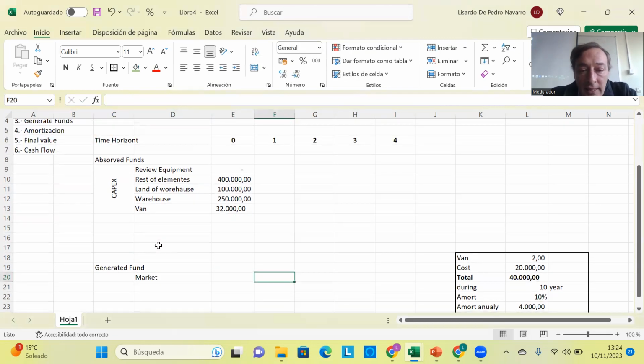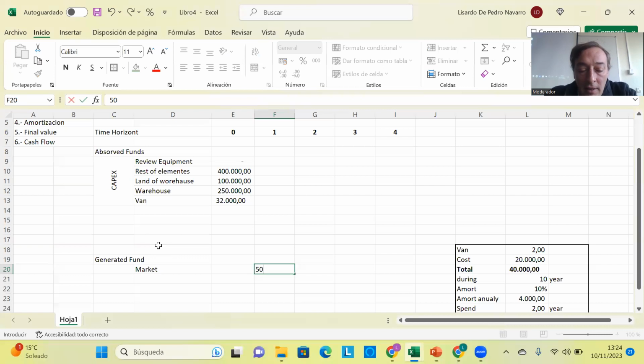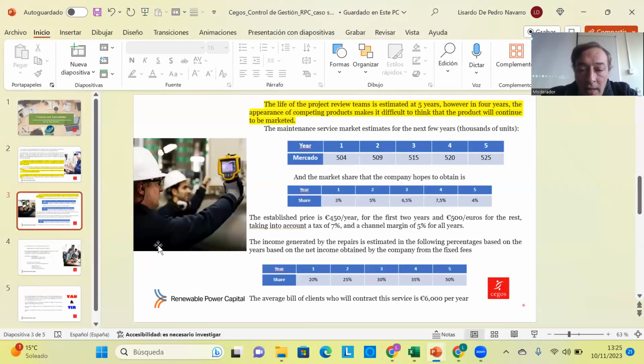And the case says that in the first year it is 504,000 units. In the second it is 509,000 units.